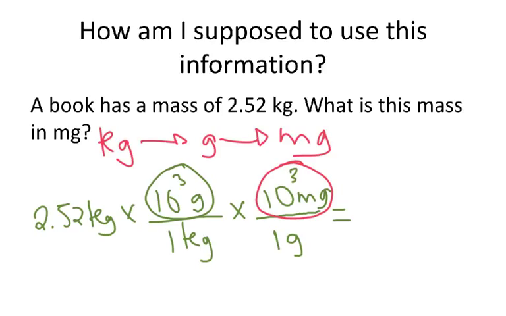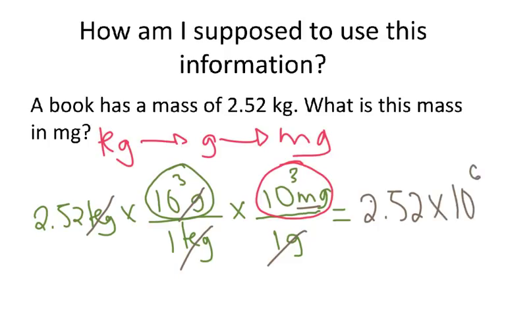You're going to want to make sure that your units cancel out. Kilograms cancel out, grams cancel out. You're left with milligrams. And you want to punch this into your calculator. You're going to get 2.52 times 10 to the positive 6 milligrams.